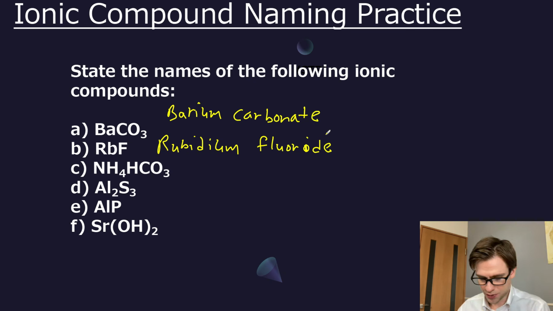C, NH4HCO3. That's a pretty big challenge here. You have to know where two polyatomic ions are in this formula, where that halfway point distinguishes a cation versus an anion. So this is something you probably just need to get used to, but you can identify an NH4 group here from my previous slide. So that is ammonium.